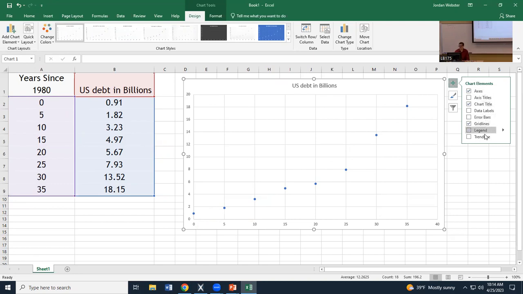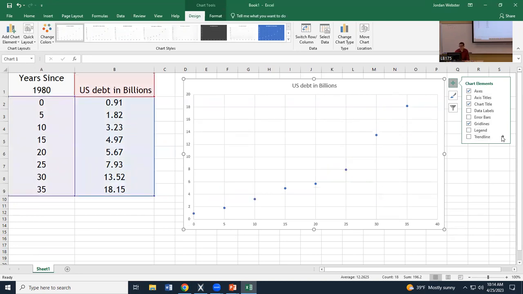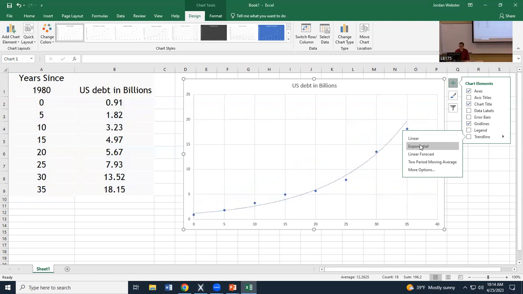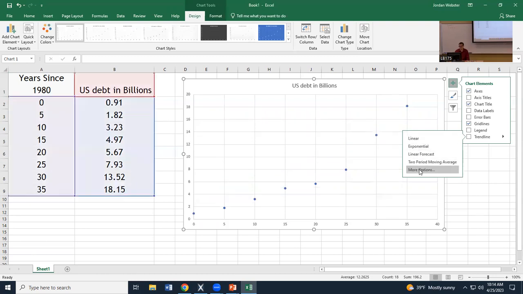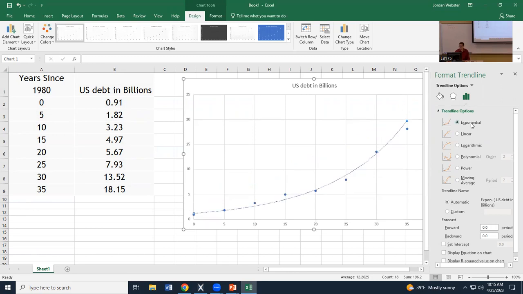If you go down to the phrase trend line, you can click this little arrow, and you can get a linear, an exponential trend line, or you can just click on more options. I'll click on more options right now. You can always click on more options. If I want an exponential trend line, when it says trend line, it just means the regression. So I just click on the exponential. I said we wanted exponential here.